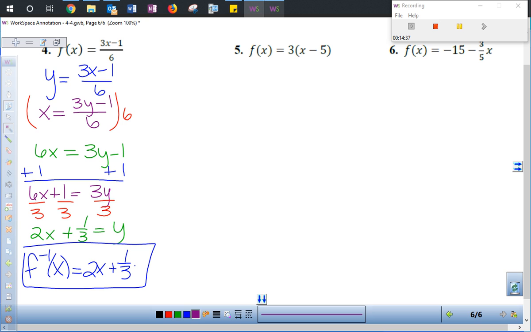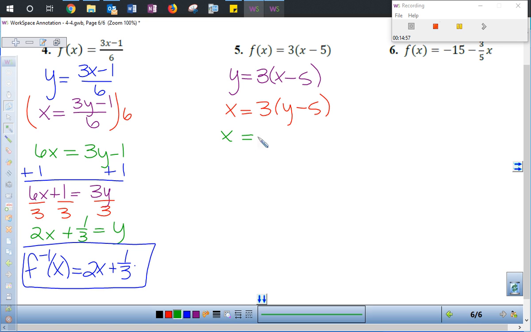Alright, we're going to try it again on number 5. Change this f of x to y. Switch your x and y. Then solve for y.